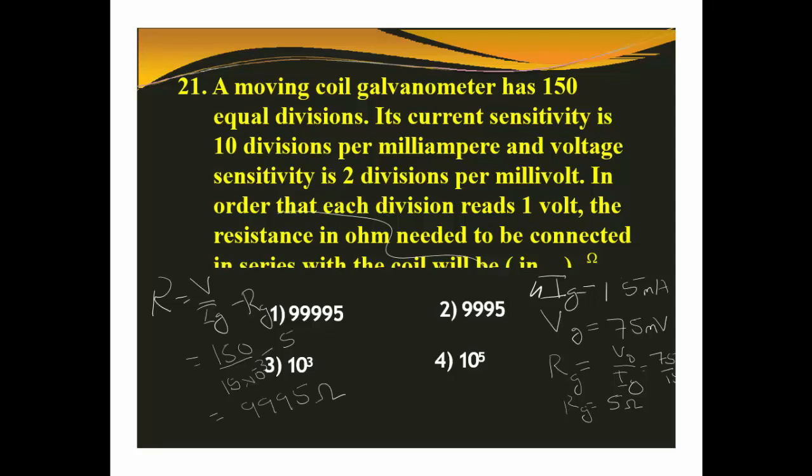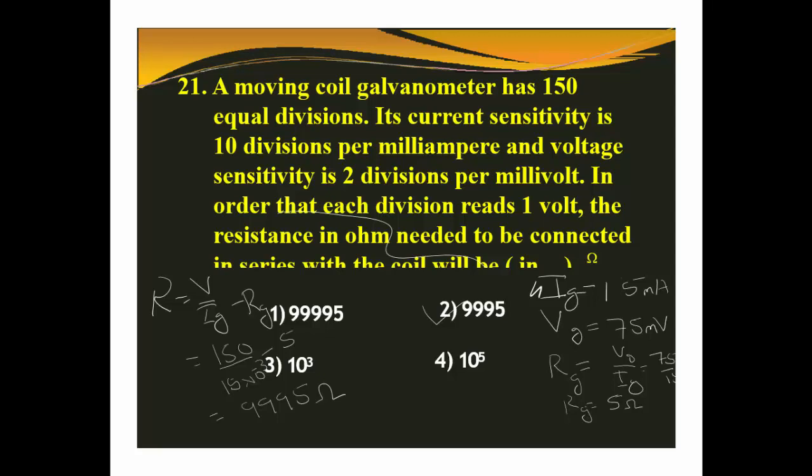9995 ohm. So how much is the resistance connected in series with the galvanometer? Second option, 9995 ohm. Got it? So I first calculated Ig, the full scale deflection current. I calculated the full scale deflection voltage, 75 millivolt. On the basis of these two, I have calculated Rg, the resistance of the galvanometer.